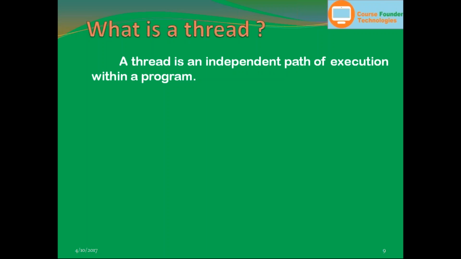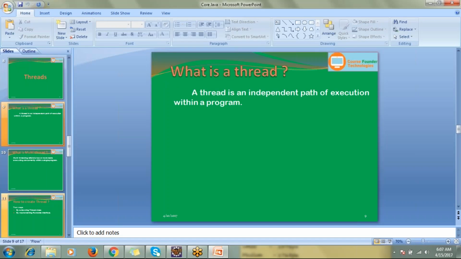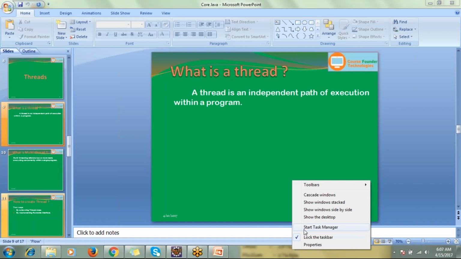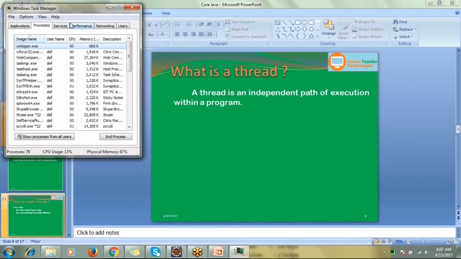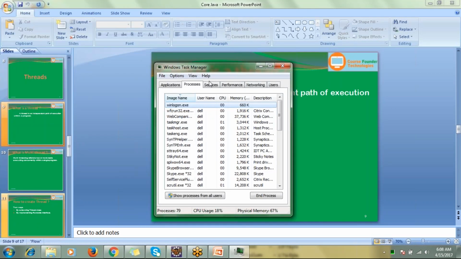And there are some examples of threads. For instance, if you open your operating system, go to Task Manager, these are some of the applications currently running. Eclipse I am also running.